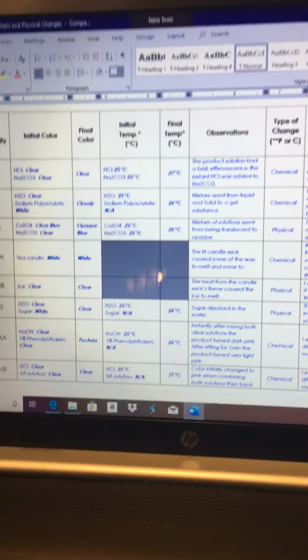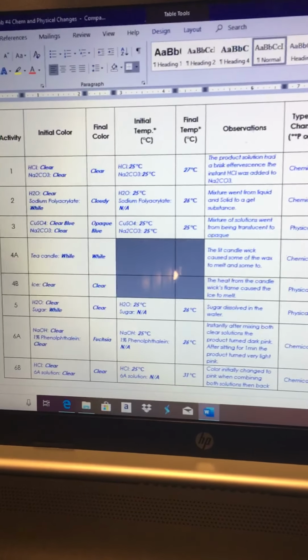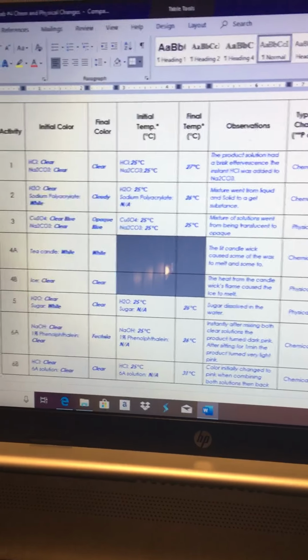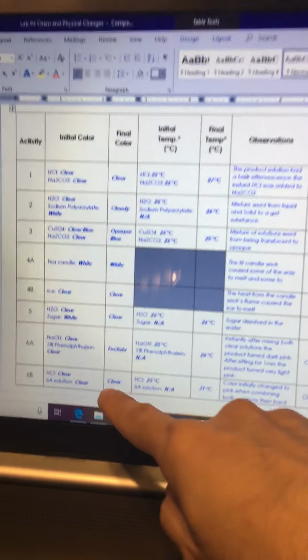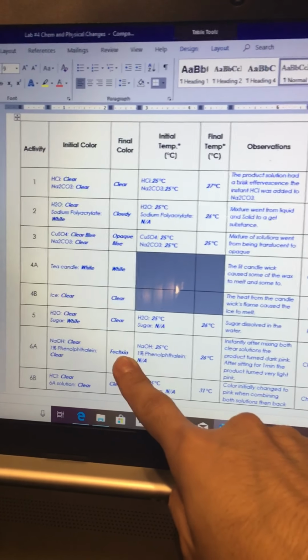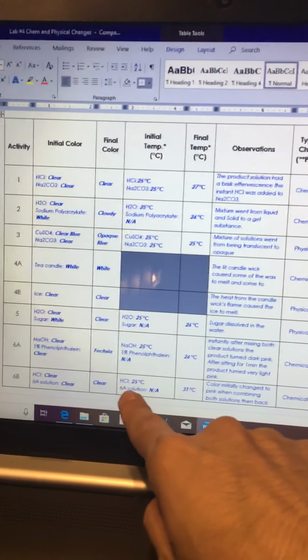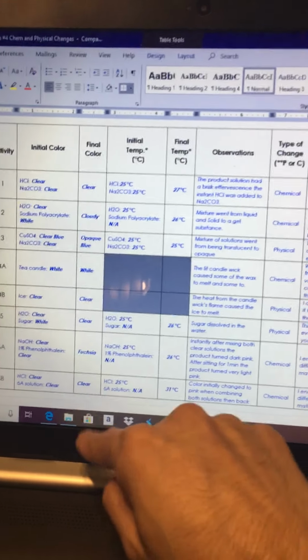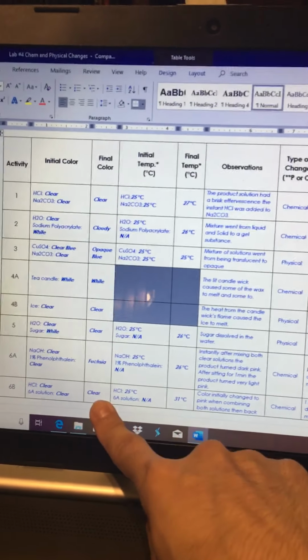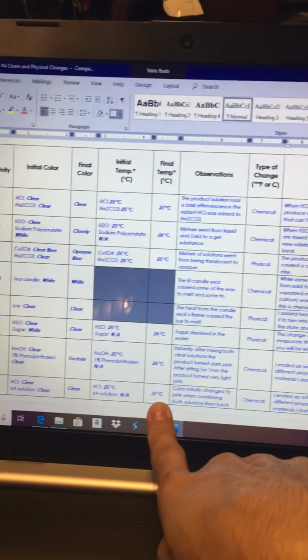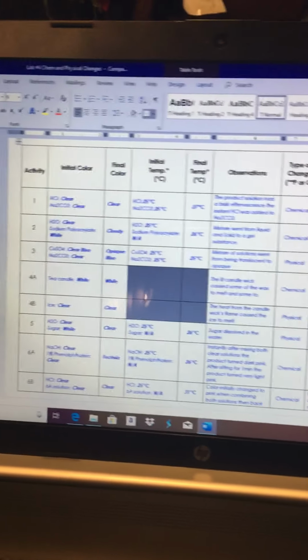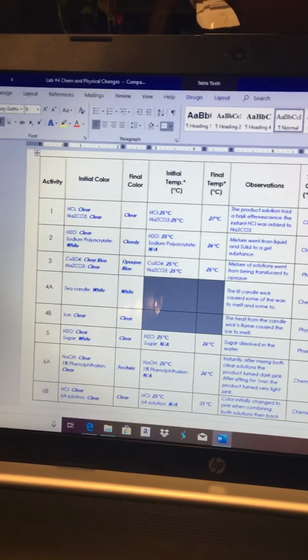For 6B, I had hydrochloric acid, and the product solution from 6A was used to make the mixture for this one. And here are my initial colors, initial temperature, and final temperature, and I also put that this was a chemical change.